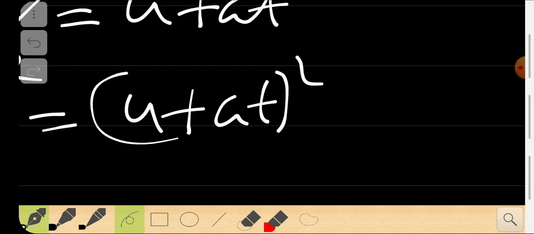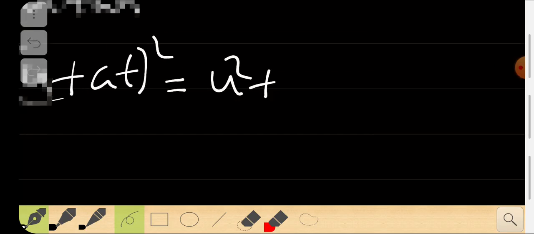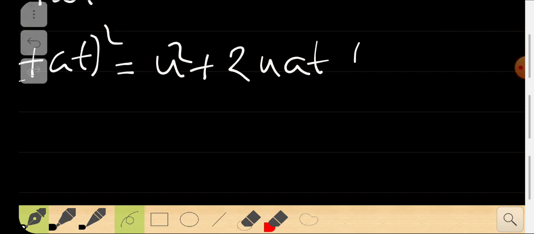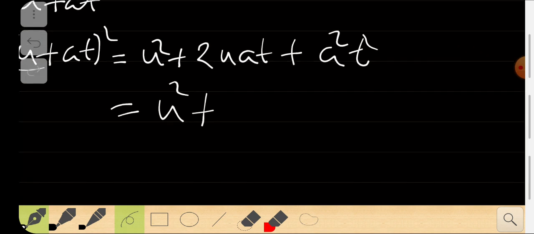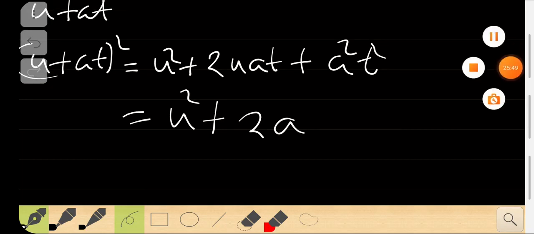So you can expand on that and you get u square plus 2uat plus a square t square, right? So now what you can do is take out a common factor. I'm going to take out 2a.